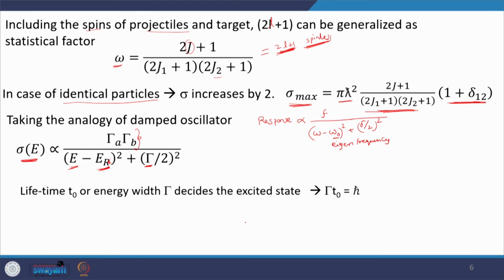Now, whatever energy state we are considering, it has a certain lifetime, and it has a certain energy width also.